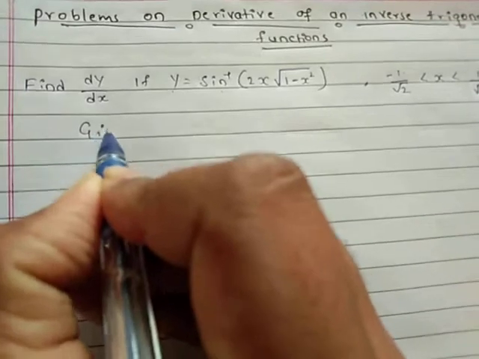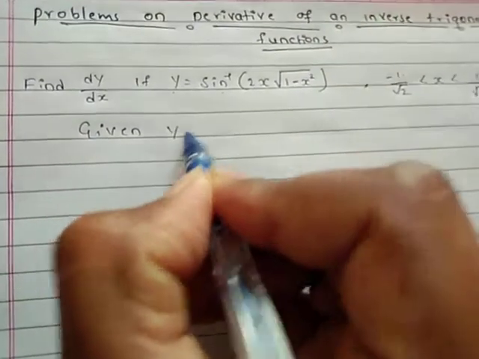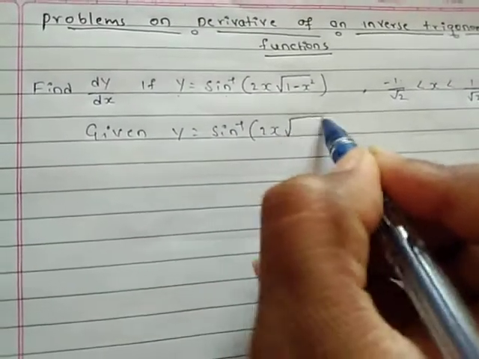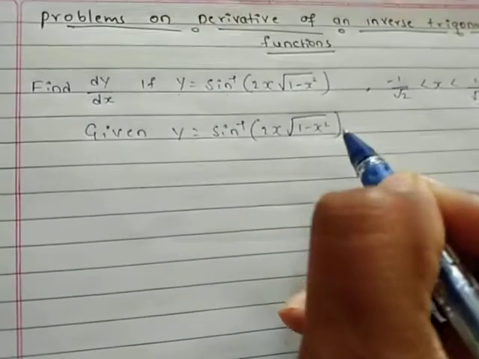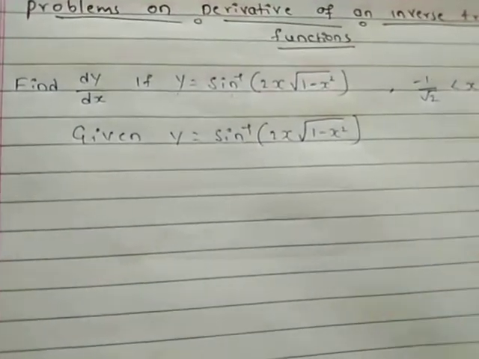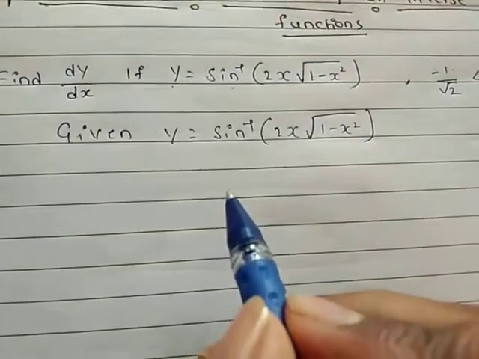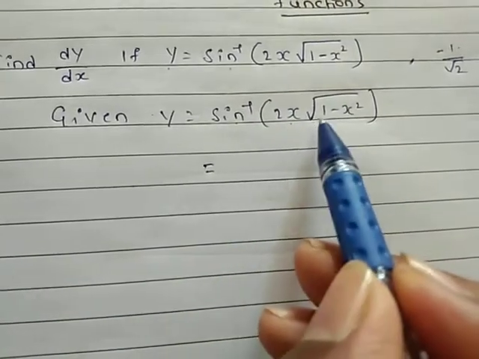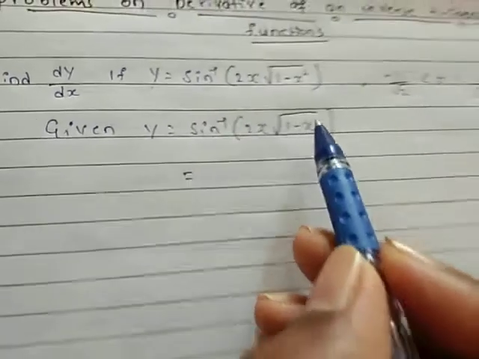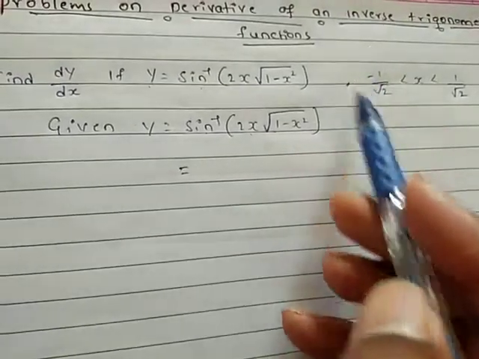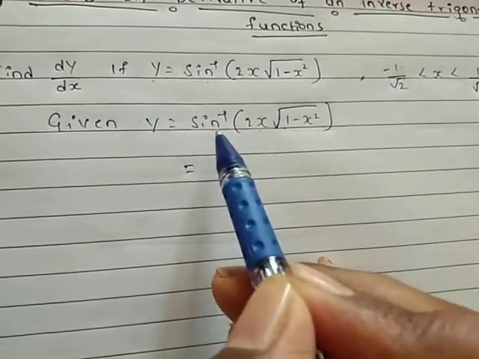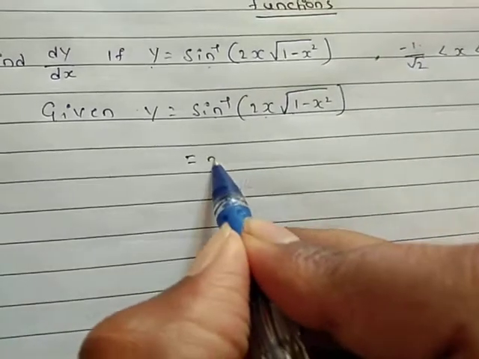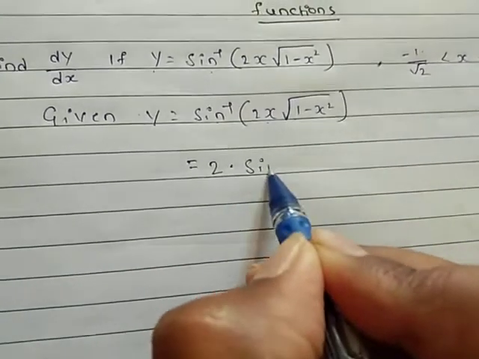Given y is equal to sine inverse of 2x into root of 1 minus x square, by using the identities we know that in this domain this function can be written as 2 into sine inverse x.